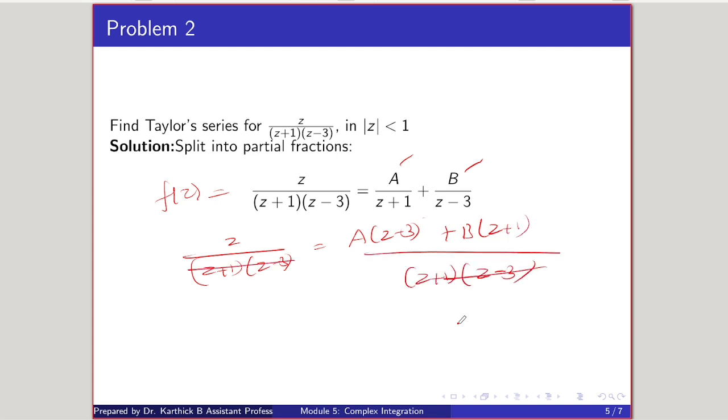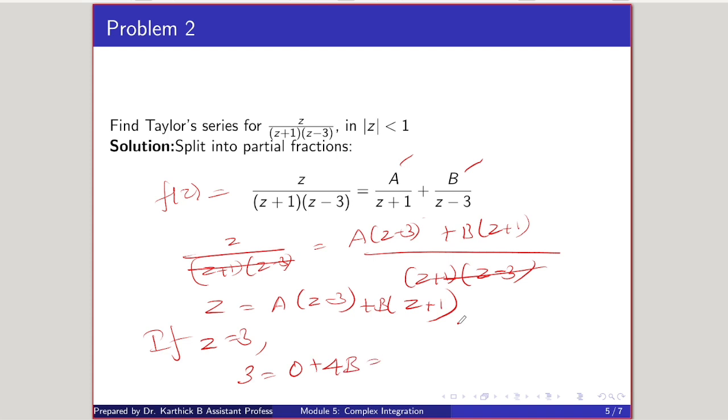Both the denominators will get cancelled. The remaining will be z equals A into (z minus 3) plus B into (z plus 1). If I choose z equal to 3, then substituting z equal to 3, we get 3 equals 0 plus 4B, so the B value will be 3 by 4.